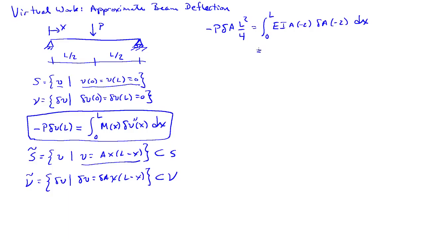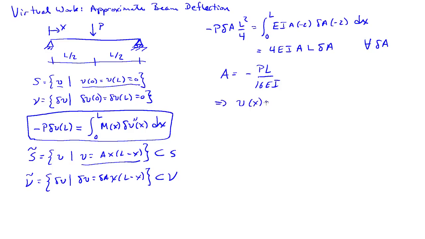So on this side of the equation, if we do the integral, we get 4 EI A L del A. And this relationship has to hold true for all del A's because the virtual work expression has to hold true for all virtual motions, so that includes all del A. So we can go ahead and solve then for A. A is equal to minus PL over 16 EI, and that leads then to an approximate solution.